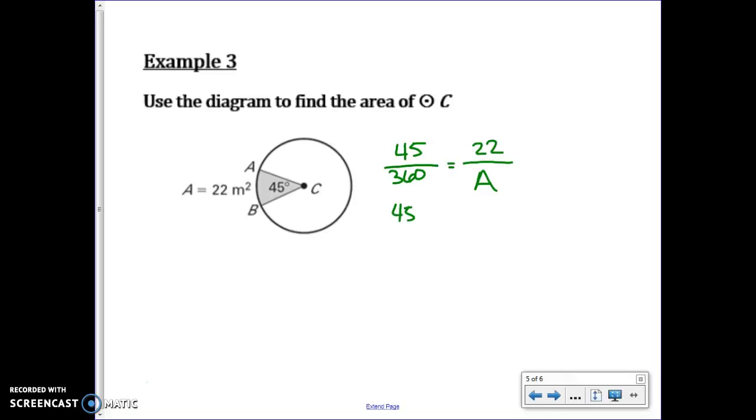So 45A is equal to 22 times 360, which is 7,920. Divide by 45 on both sides. So A is equal to 176, and our label here would be meters squared.